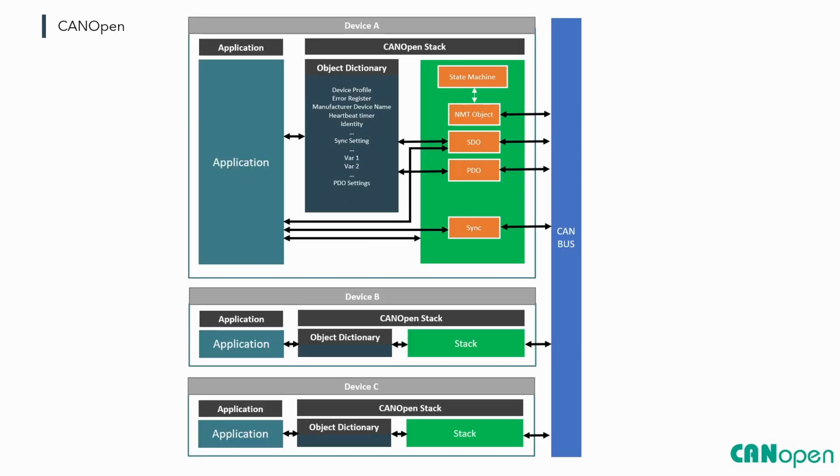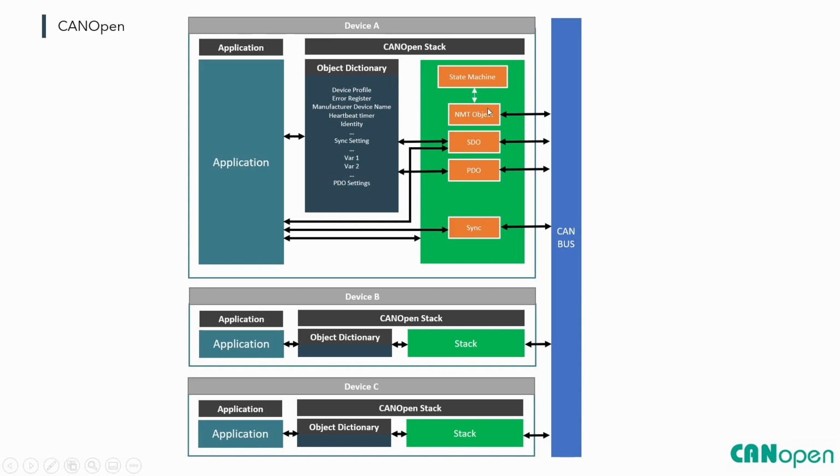So if you imagine a device here, we have our application code running on the MCU, and then we have a CANOpen stack. The CANOpen stack consists of two main parts, let's say the object dictionary and the code and logic in that. There are many things here that we can discuss, but I don't want to get into details here.